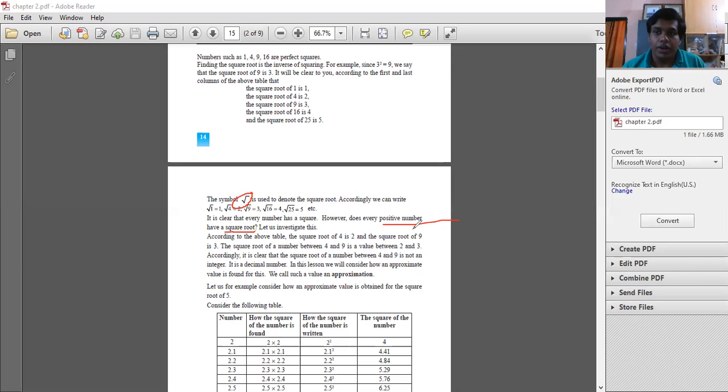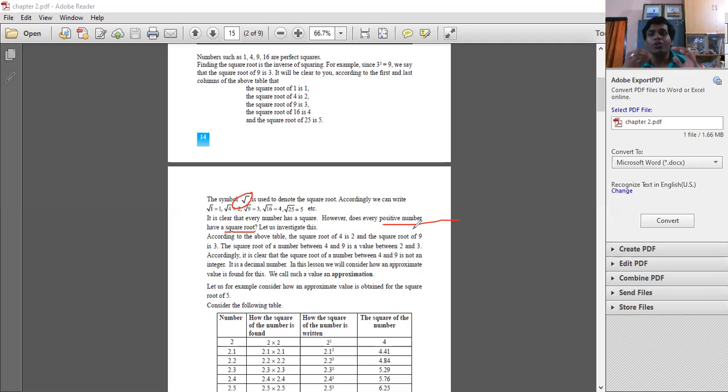Let me tell you. When you're taking square roots, let's go to the number line. There's 1, 2, 3, 4. And when you take squares of that, 1 will go to 1, then 2 will go to 4, then 3 will go to 9, then 4 will go to 16.